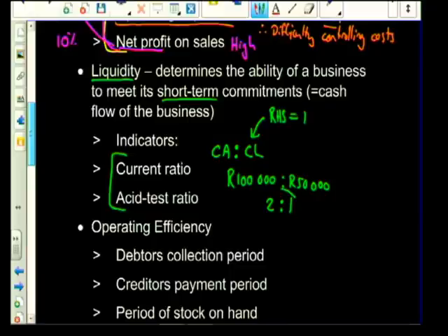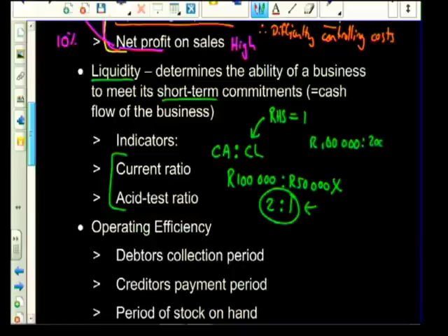So this here is the correct way to express the ratio. You have to simplify it as far as possible so that the right-hand side is always equal to 1. Do not leave it as 100,000 to 50,000. You will lose marks for not simplifying the ratio down so that the right-hand side is equal to 1. The same thing happens if you're calculating a ratio. Let's say that the ratio, instead of being 100,000 to 50,000, let's say it was 100,000 to 200,000.